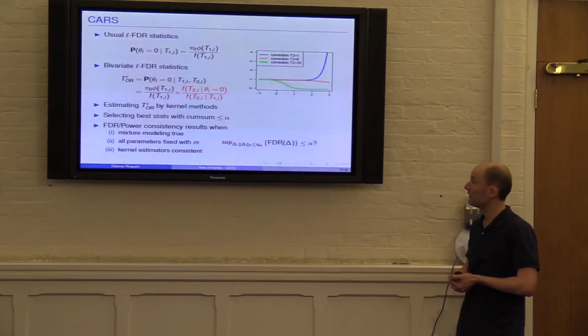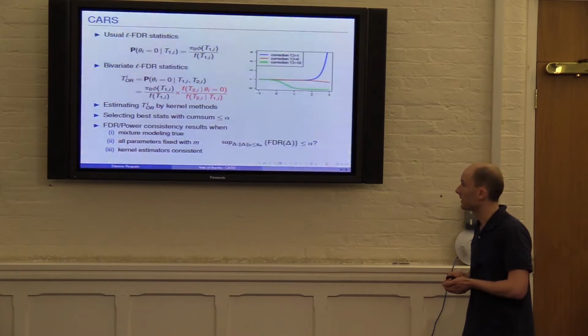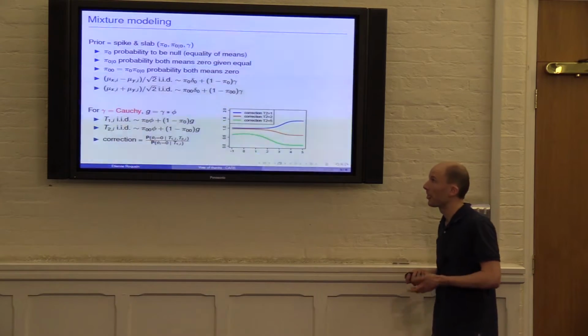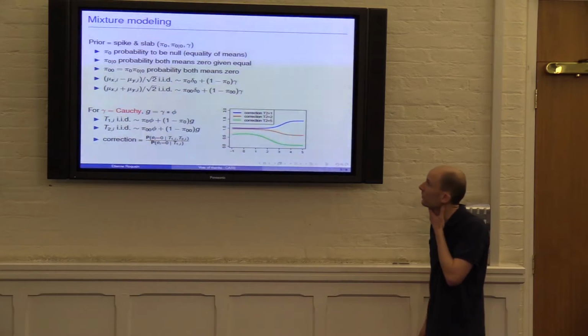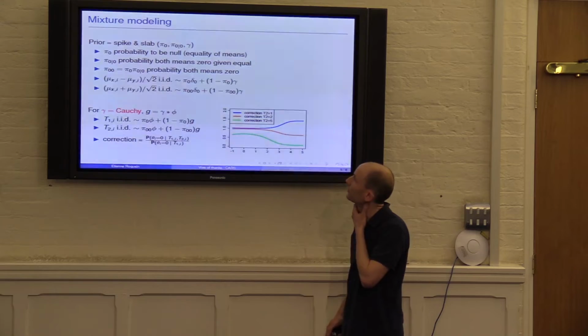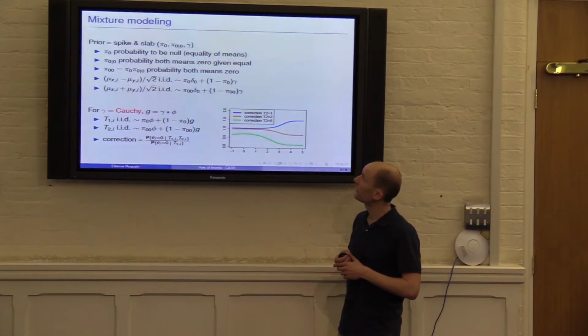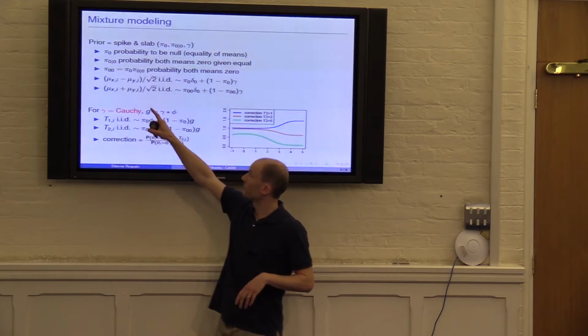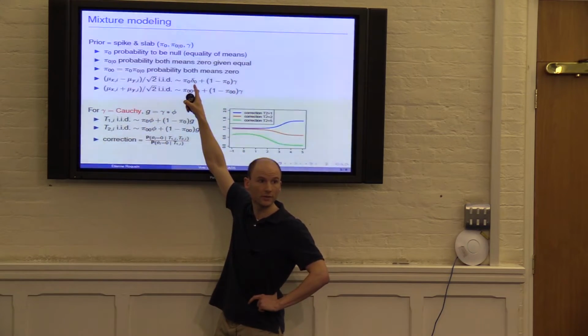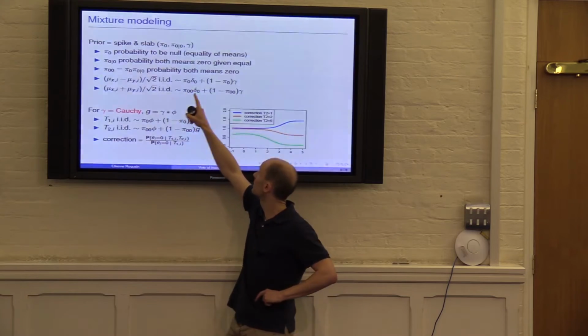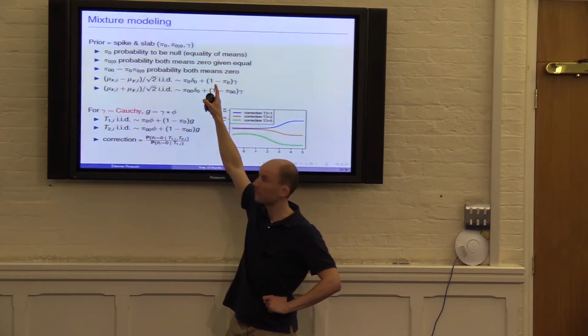Okay, so for this, I discussed some possibility, which is to modify a bit the prior. In the paper you have a spike and slab prior. It means that the difference of the mean is generated according to a spike and slab. The spike is the Dirac in 0, and the slab is gamma, this is the density.